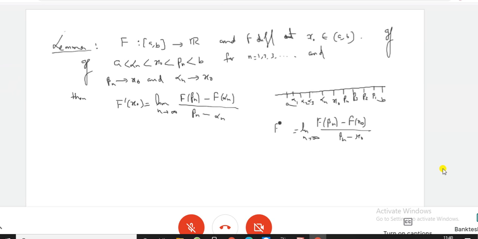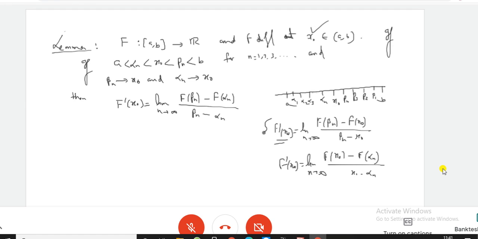So this is in fact f dash x0. Because the function is differentiable, it is given that the limit exists and it is equal to f dash x0. And similarly, you also know that the limit of (f(x0) minus f(alpha n)) divided by (x0 minus alpha n), as n tends to infinity, is again equal to the left hand derivative at the point x0. If you put alpha n equal to x0 minus h, this is nothing but the left hand derivative, and because the function is differentiable, left derivative equals right derivative, so this is again equal to f dash x0.